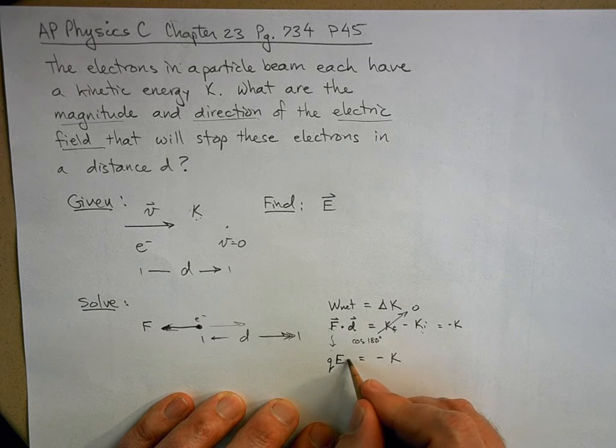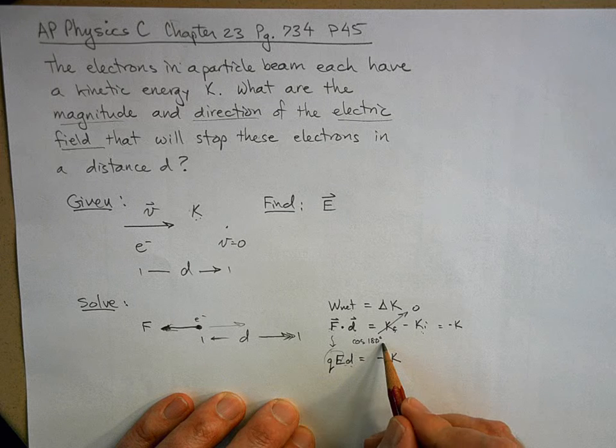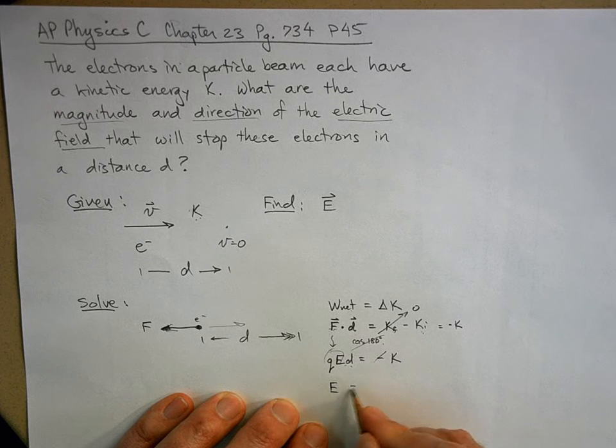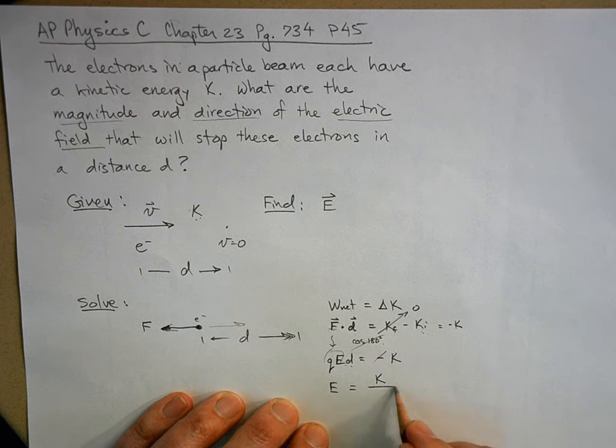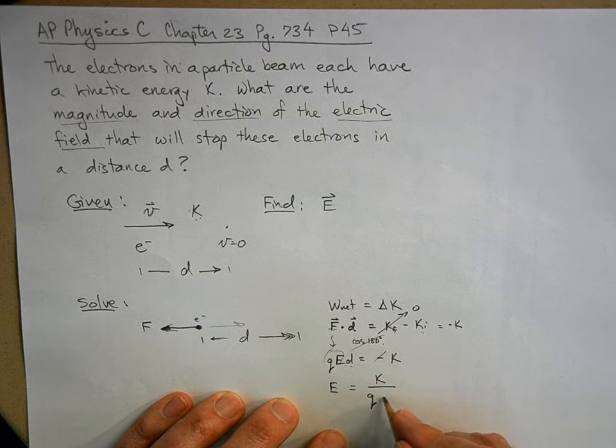Oh, and I left the d off here. So this is the force times the displacement times the cosine of the angle between the force and displacement. They're 180 degrees apart, so that gives you a negative 1, and that cancels that out. So the magnitude of the electric field is going to be the kinetic energy divided by the charge on an electron times the distance it took to stop.